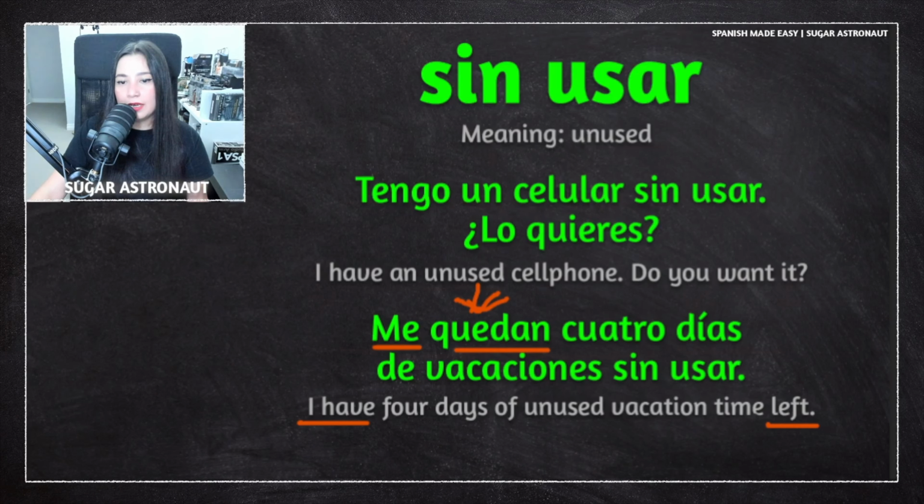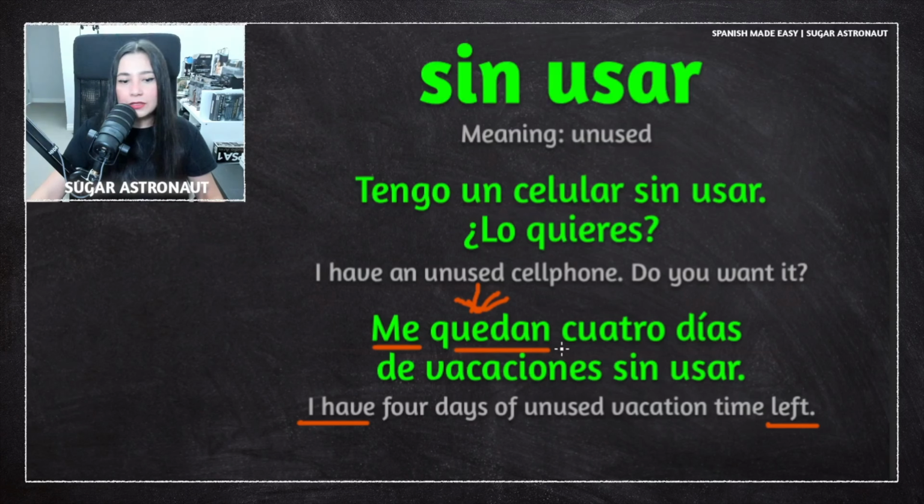When you're talking about somebody staying because that person doesn't feel well or whatever. They're staying at home. Me quedo en casa. I'm staying home for whatever reason. Okay, so quedar is a great verb that we need to talk about in the future. But when you say me quedan, that means I have something left.